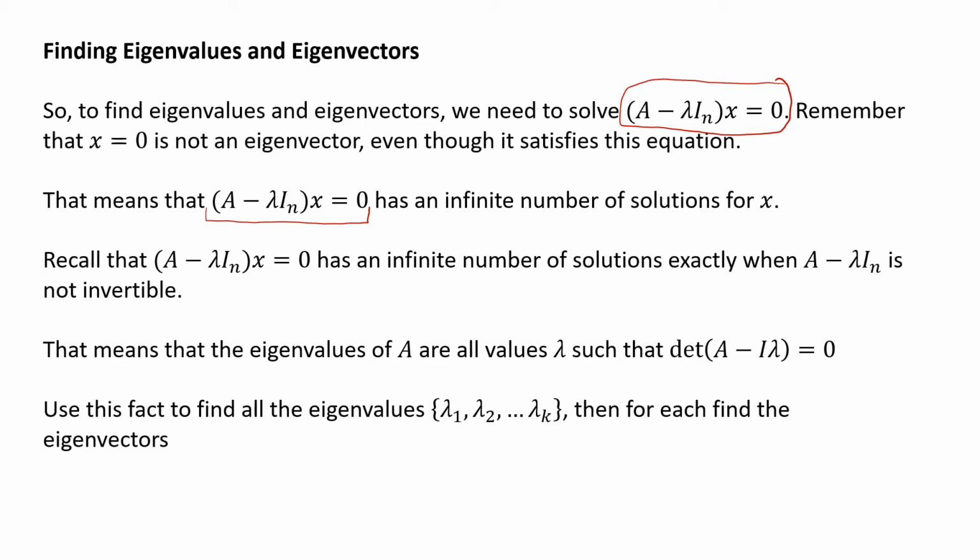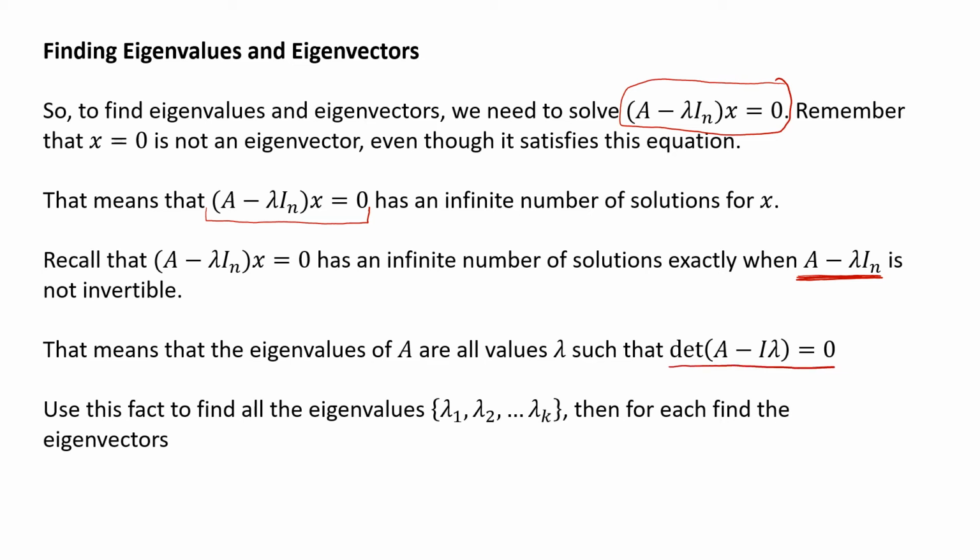It will have an infinite number of solutions exactly when that is not invertible. If it were invertible, it would have a single solution. So that means it's not invertible. What does it mean when it's not invertible? Well, remember the determinant. The determinant is equal to 0 when it's not invertible.